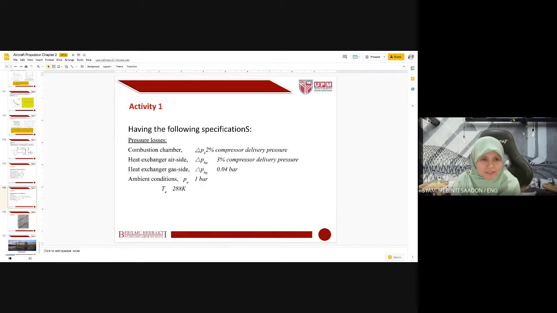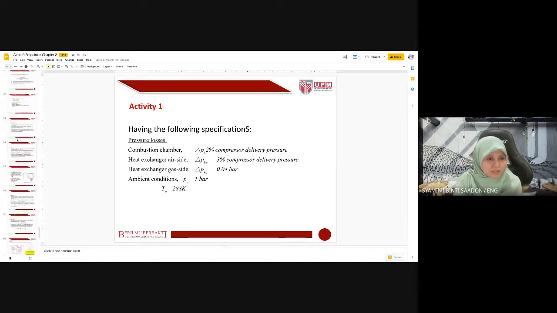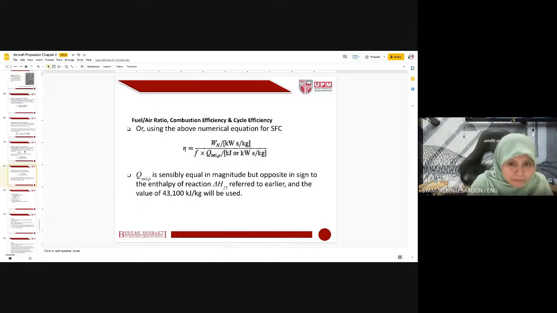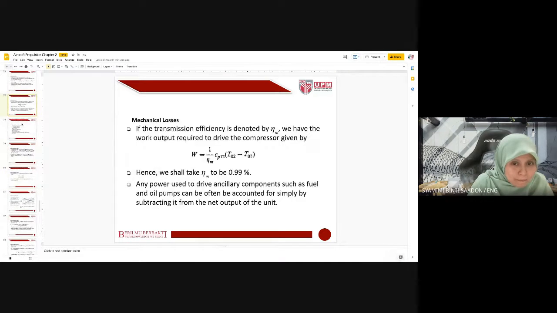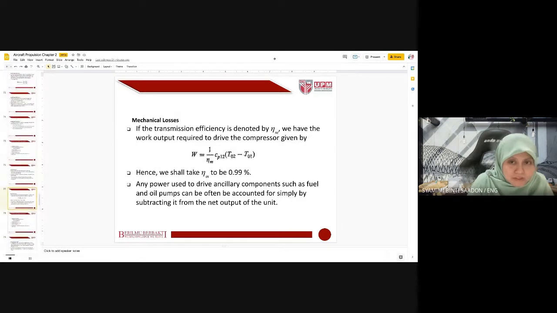Okay, compressor work. The equation is in slide 77.